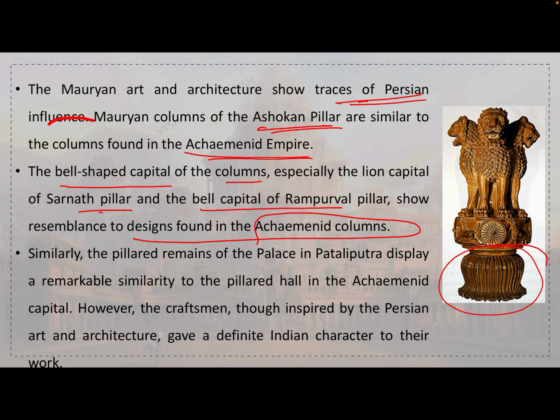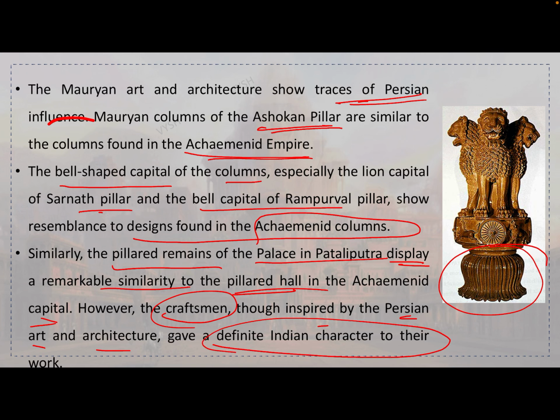This shows the influence of cross cultures. Similarly, the pillared remains of the palace in Pataliputra display a remarkable similarity to the pillared hall in the Achaemenid capital. However, the craftsmen, though inspired by Persian art and architecture, gave a definite Indian character to their work. They were unique in themselves.